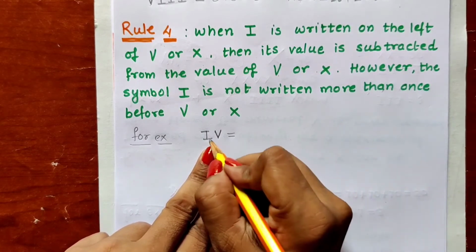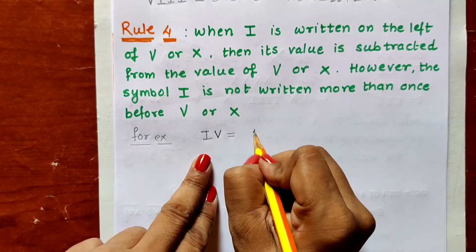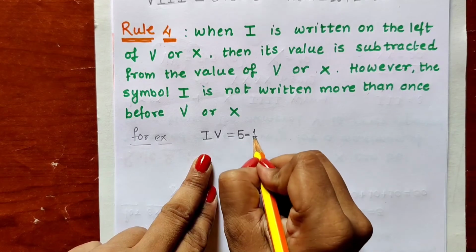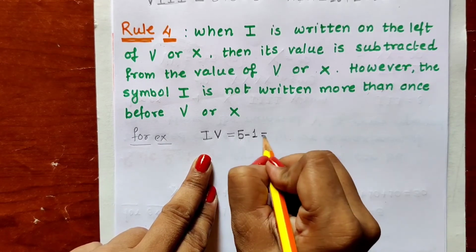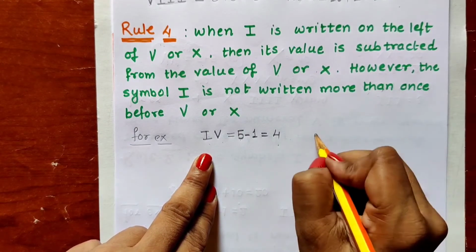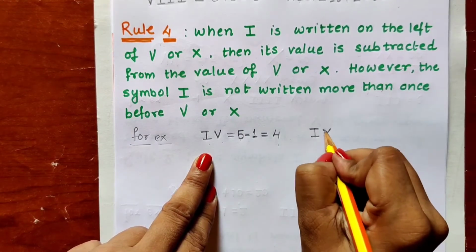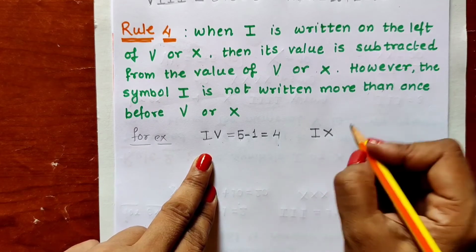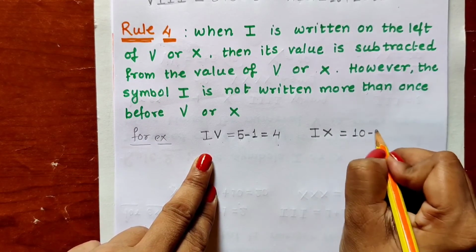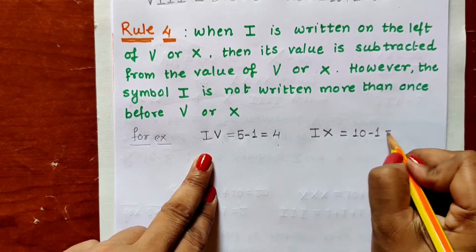That means we have to subtract this I value 1 from the V value. The V value is 5, so we have to subtract 1 from 5. The answer is 4. So IV means 4. Similarly, if I write I on the left hand side of X, X is 10, 10 minus 1, so it will be 9.